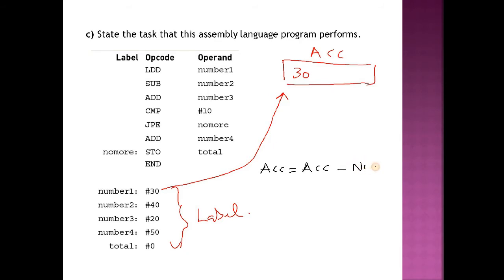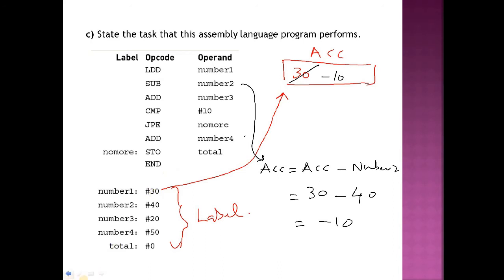So this instruction means this one. What will happen here? The accumulator has 30 minus 40, and this is equal to minus 10, and this minus 10 will be stored in the accumulator, right?